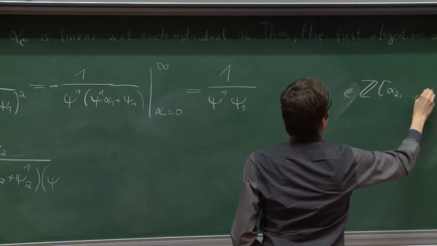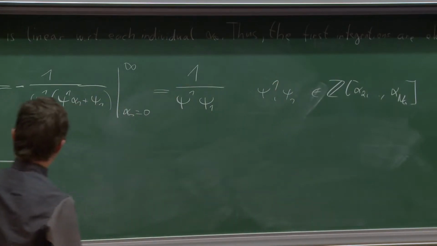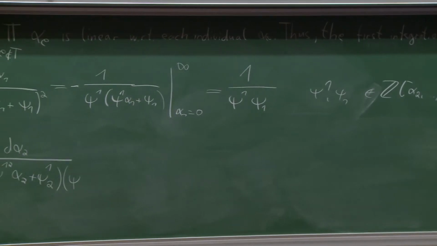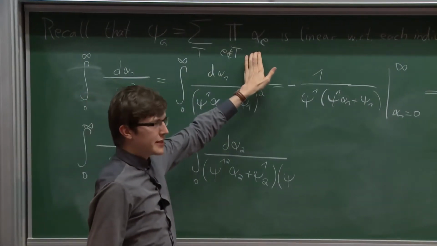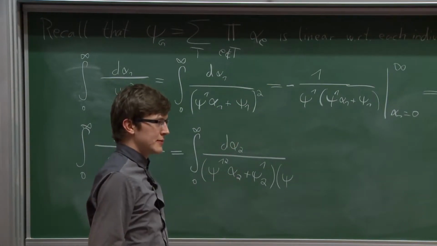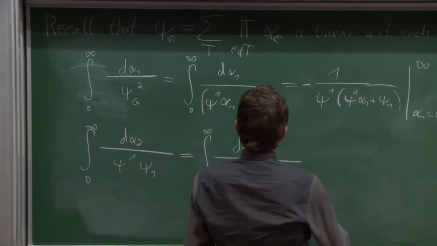This is important. When we make the expression in the second integral, we are not going to have a quadratic term in alpha 2, because these are linear polynomials in the variables. I start with a polynomial which is linear in each variable, and I pick a coefficient, so it's still linear in all the other variables. That's the important point. So I only have linear terms here.